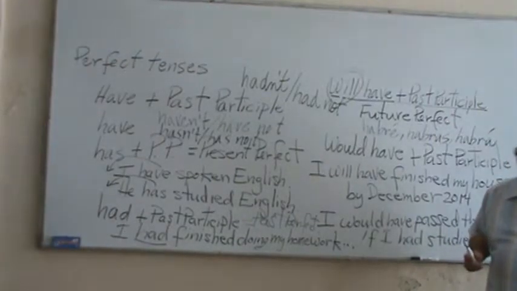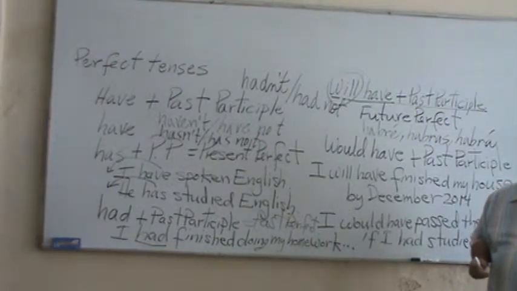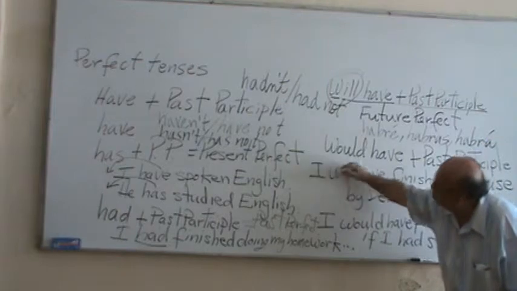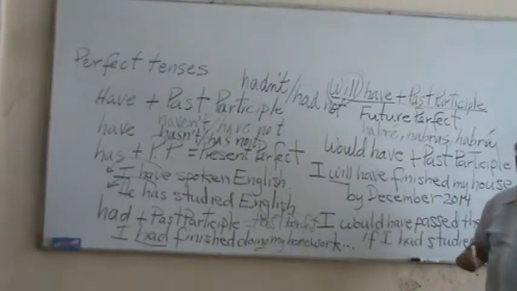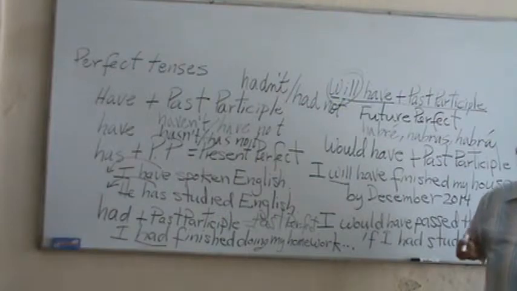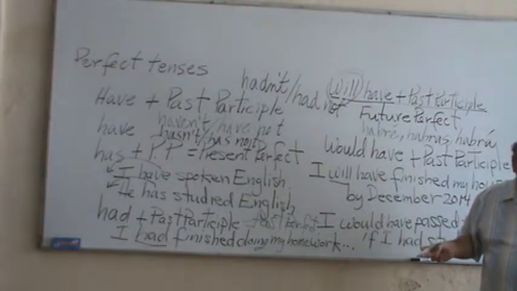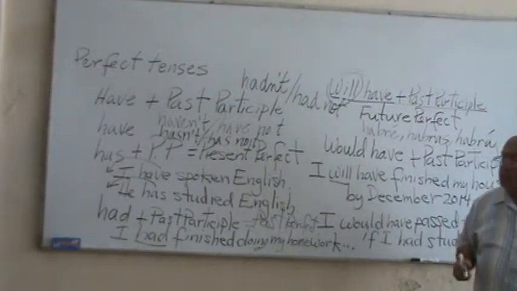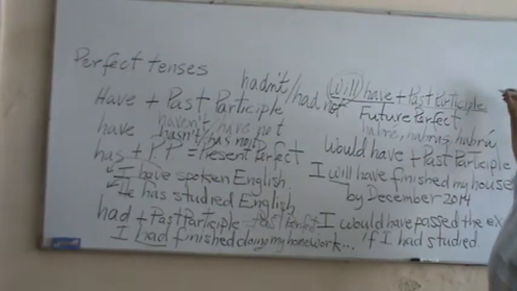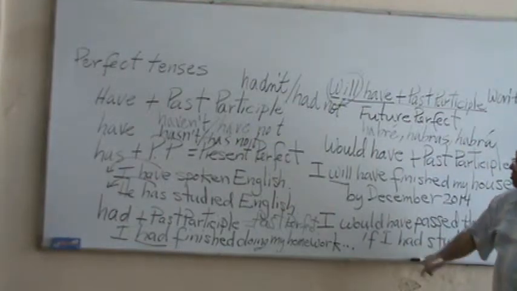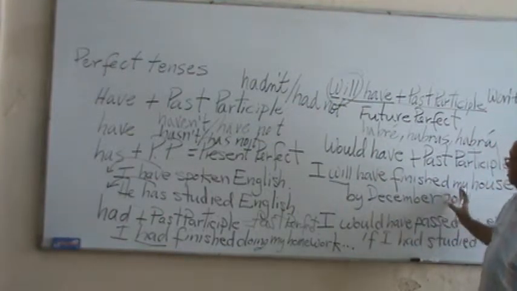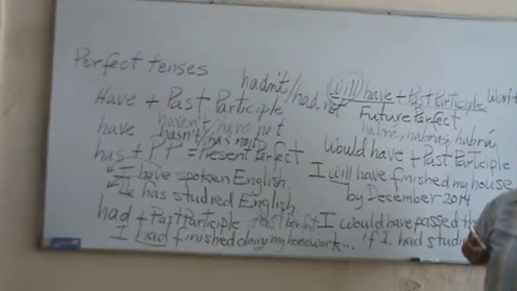If I want to make it negative, I have to use will, not have. Or I can use the contraction, won't, which is W-O-N apostrophe T. Okay? Won't. I won't have finished my house by December.